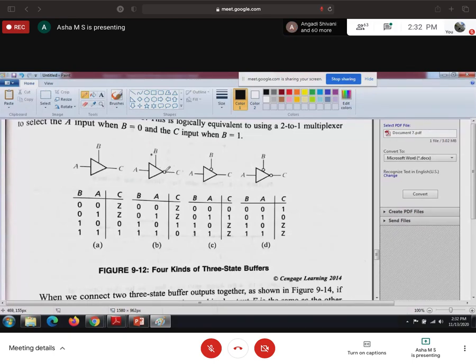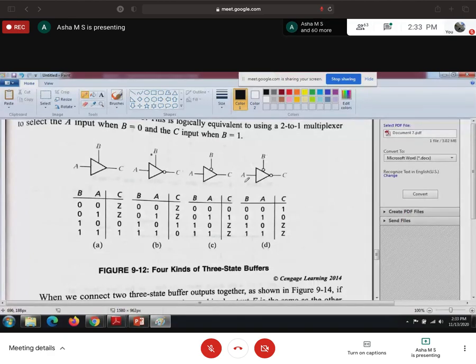In diagram C, the enable input is inverted. In the last one, the enable input as well as the output, both are inverted.